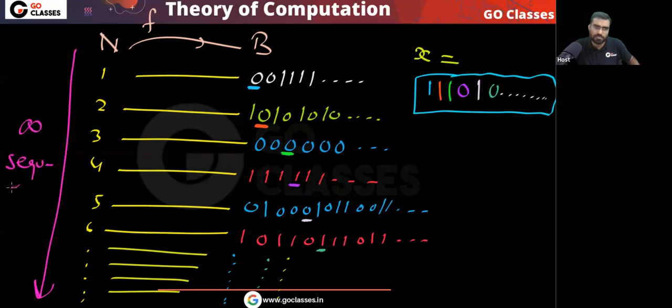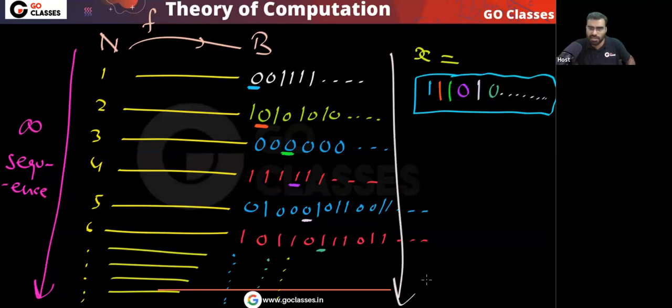Agree or not? You can easily notice this is an infinite sequence.